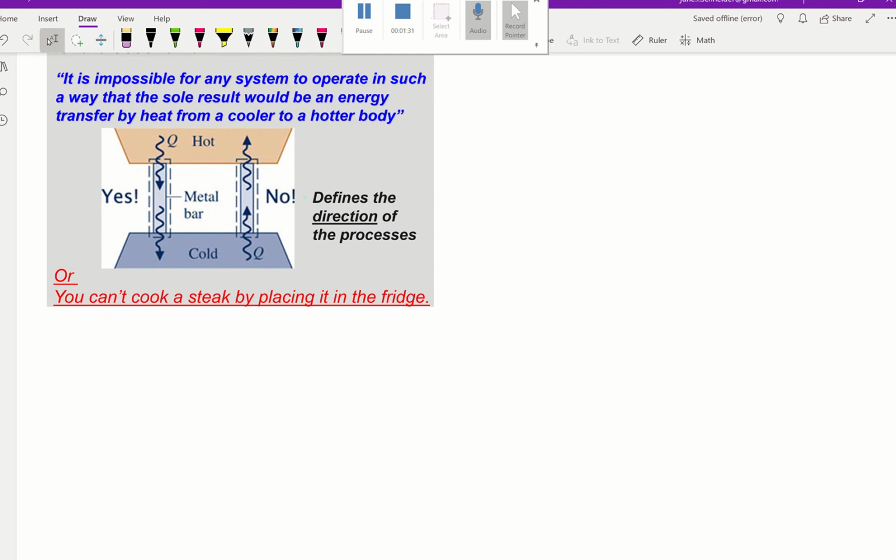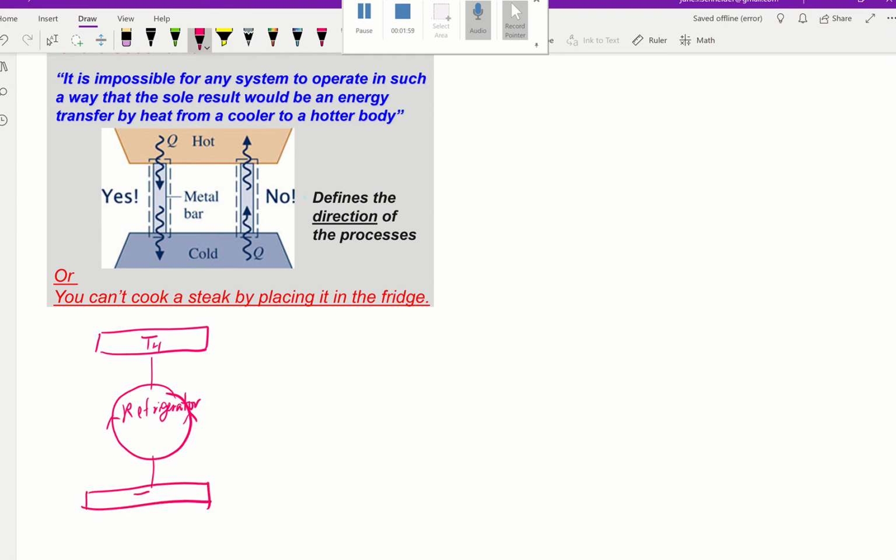So first, we're going to draw a schematic of a refrigerator cycle. We start with a hot reservoir, TH, and then we have our thermodynamic cycle, and this is going to be our refrigerator. Then what comes out is our lower temperature reservoir, TL.